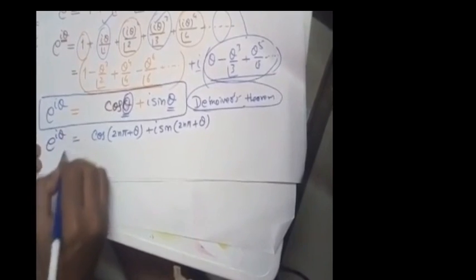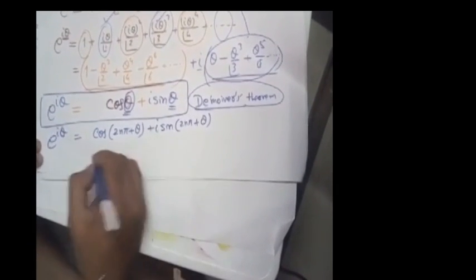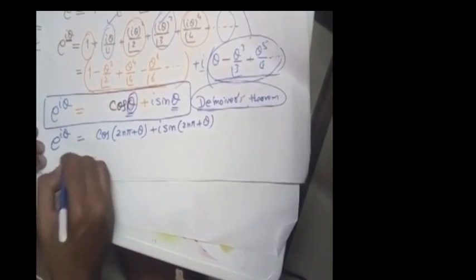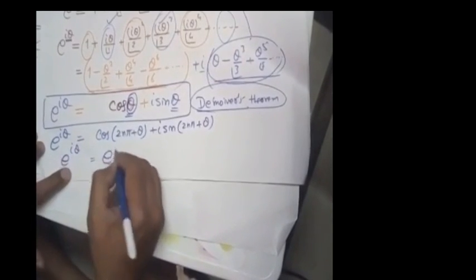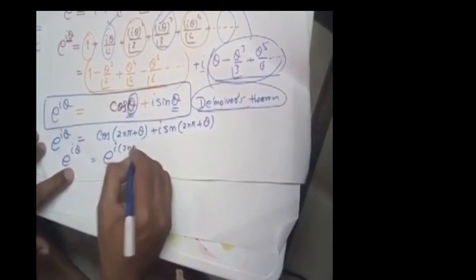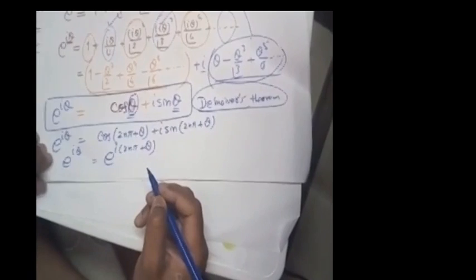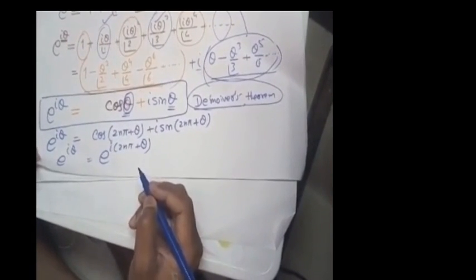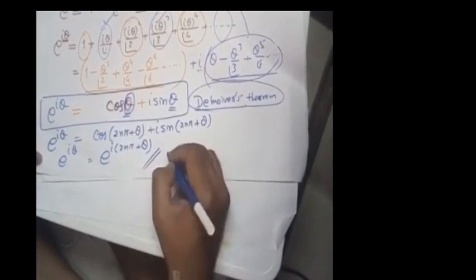It means e power i theta is similar to e power i times 2n pi plus theta. So this is our very important theory. We will write it again: e to the power of i theta is equal to cos theta plus i sin theta.